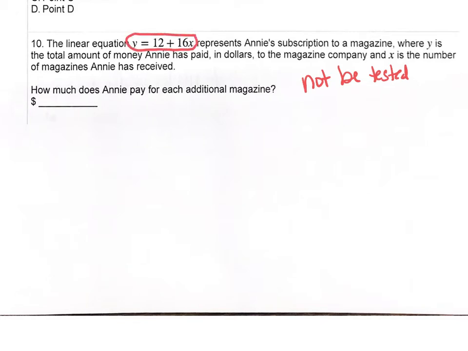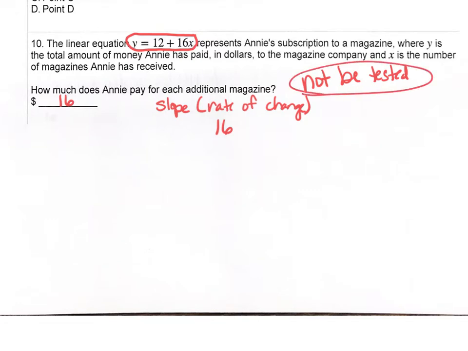Notice it's very similar to slope-intercept form, where y is the total amount of money Annie paid in dollars to the magazine company, and x is the number of magazines she received. How much does Annie pay for each additional magazine? It's asking for the slope, which is a rate of change, and that would be the number that's multiplied by x, which is 16. So she pays $16 for each additional magazine, but remember, this will not be tested.